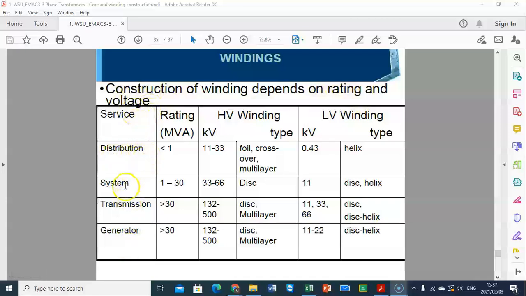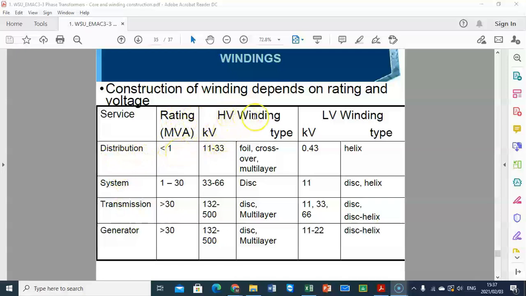We have distribution transformer, system transformer, transmission transformer, and the transformer connected to generators, where we increase the voltage to send the power to the transmission line. If you have a distribution transformer, usually the rating is less than 1 megavolt ampere.